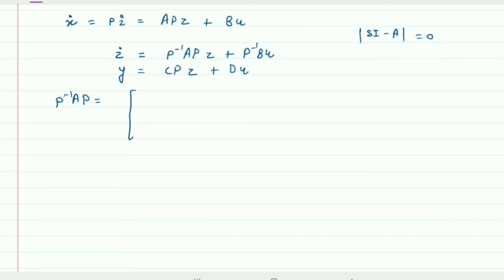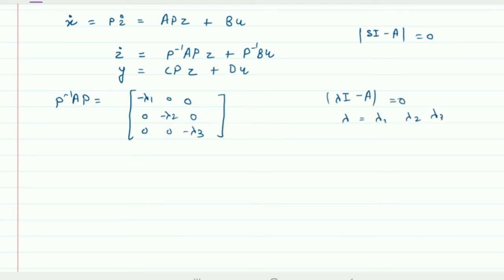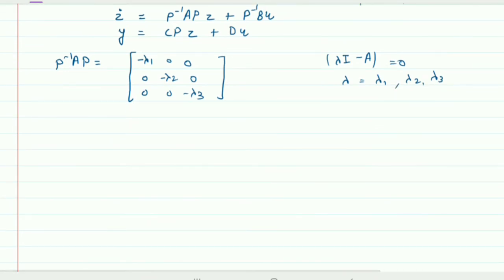So P inverse AP should equal, let's say, lambda 1 0 0, 0 lambda 2 0, 0 0 lambda 3, where lambda 1, lambda 2 and lambda 3 are the eigenvalues of matrix A, which are calculated by the determinant of lambda I minus A equals 0. So lambda equals lambda 1, lambda 2, lambda 3 if you solve this equation.